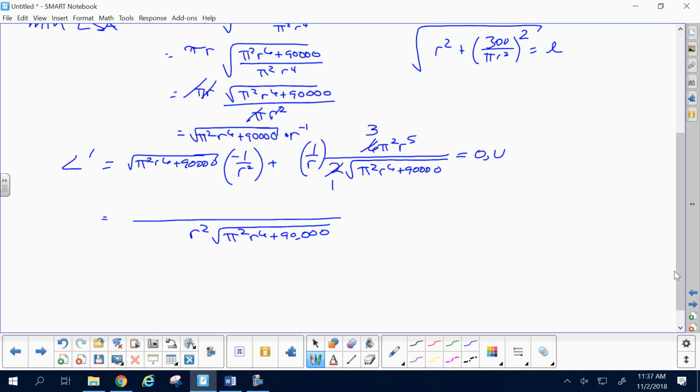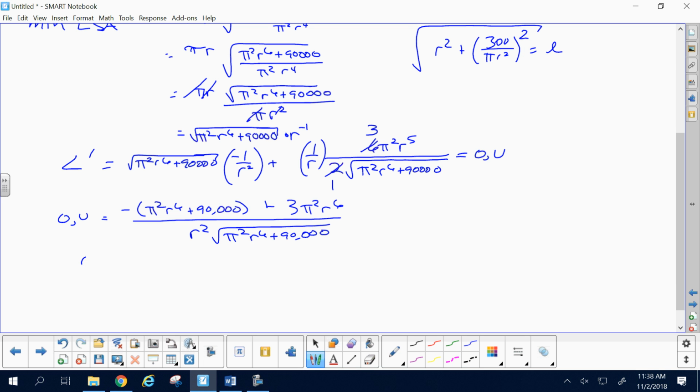This guy, you had the r squared, you multiplied it by the root. And so it's negative pi squared r to the 6 plus 90,000. This guy, you had an r, so you need another r. And so it's going to be 3 pi squared r to the 6th. Cool?